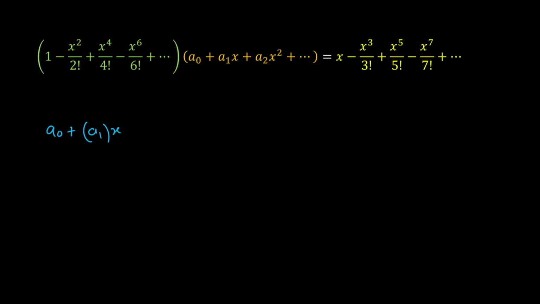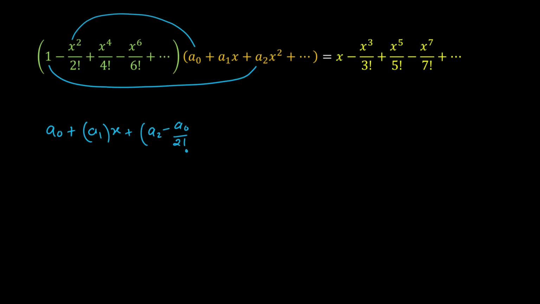Now to find the term containing x square, we can multiply 1 with the term containing x square, and here x square with a0. So we get a2 minus a0 over 2 factorial times x square.